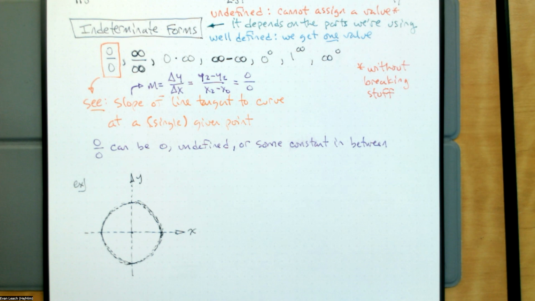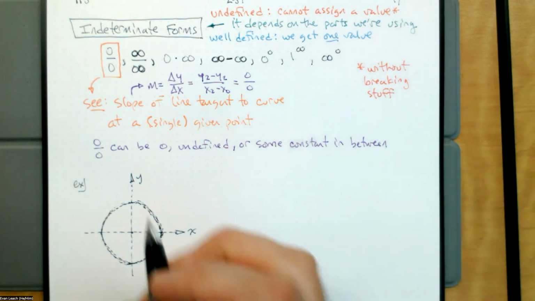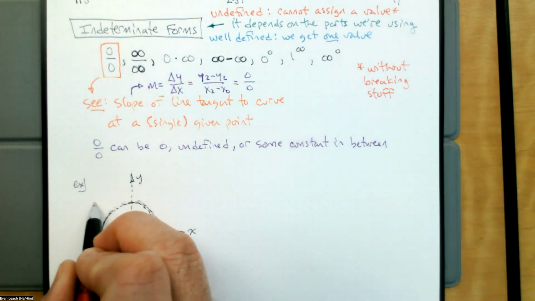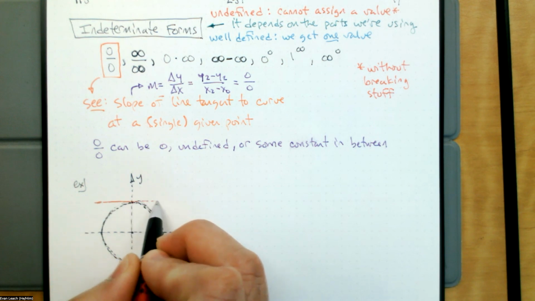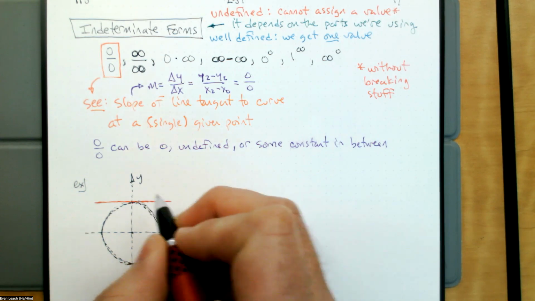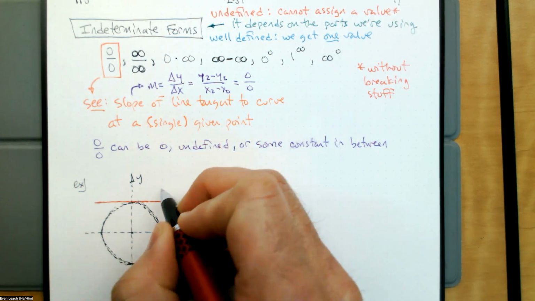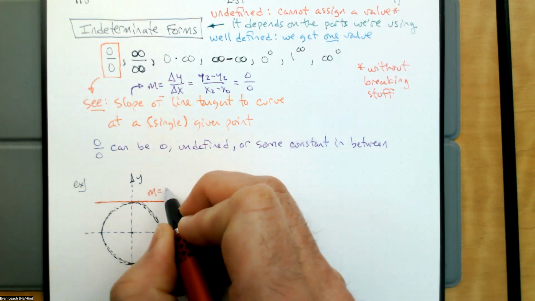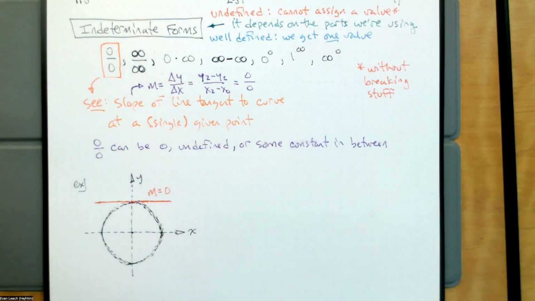There's only 3. It sounded like there was going to be 4. So at the very top, at that top point on the circle, the slope of the tangent is 0.